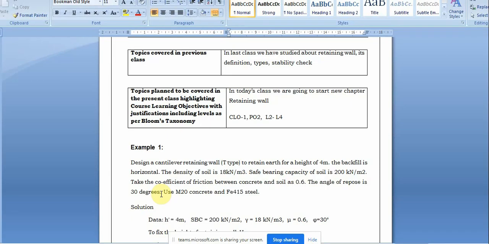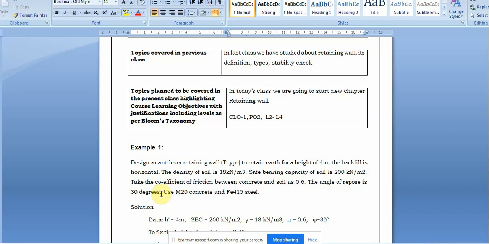Design a cantilever retaining wall, T-shape, to retain earth for a height of 4 meters. The backfill is horizontal. The density of soil is given as 18 kilonewton per meter cube. The SBC of soil given is 200 kilonewton per meter square.